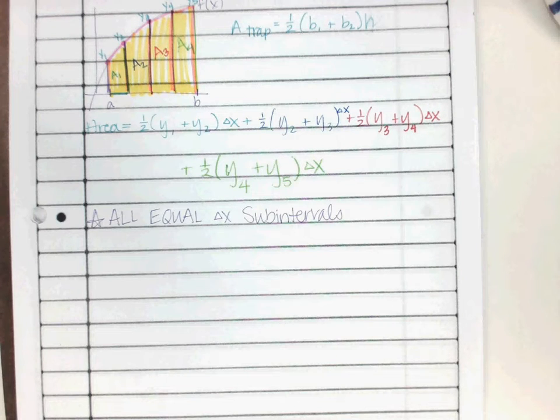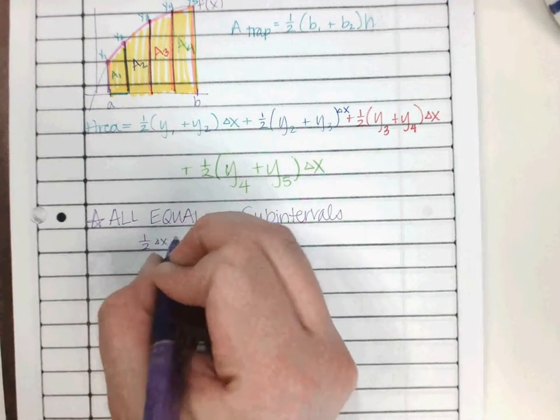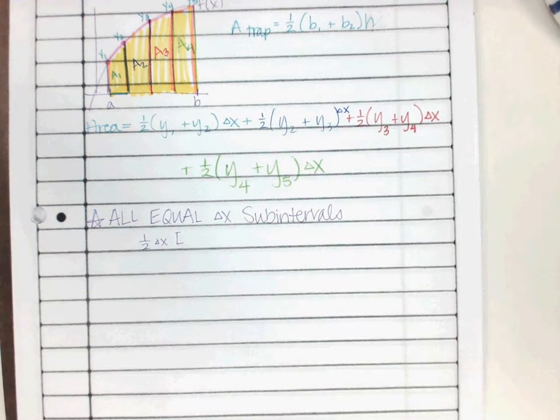So your shortened version for this one, I'm going to write shortcut on it. Half delta x, and then something else. When you add up your y values, listen, I'm just going to tell you what they are, and then I'm going to write it down.